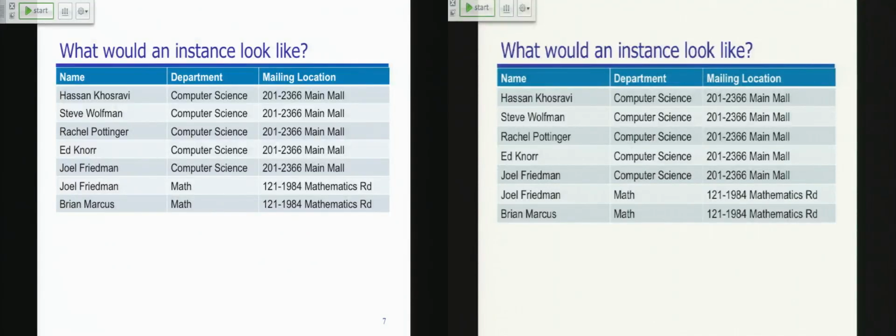Can I get your name? Maggie. So, what if both Joel and Brian decide to leave the math department? I'm going to take out both of these tuples, and in the process, I lost the mailing location of the department. Assume I take out both those tuples at the bottom. Then I wouldn't know the location of the math department anymore.